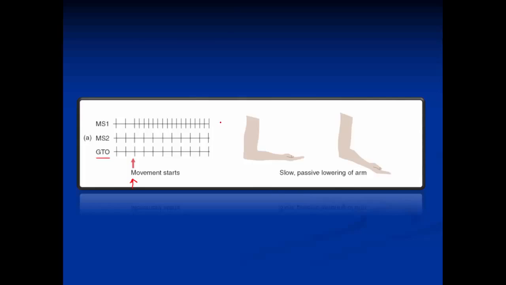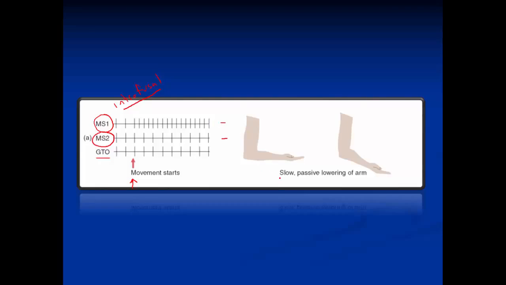Now here we'll have two different muscle spindles. Okay, this represents a sensory neuron innervating two different intrafusal, right? These are the intrafusal muscle fibers. Two different spindles. Slowly lowering the arm, what happens? Well, I'm relaxing it, right? I'm extending it. So we are going to get some stretch.